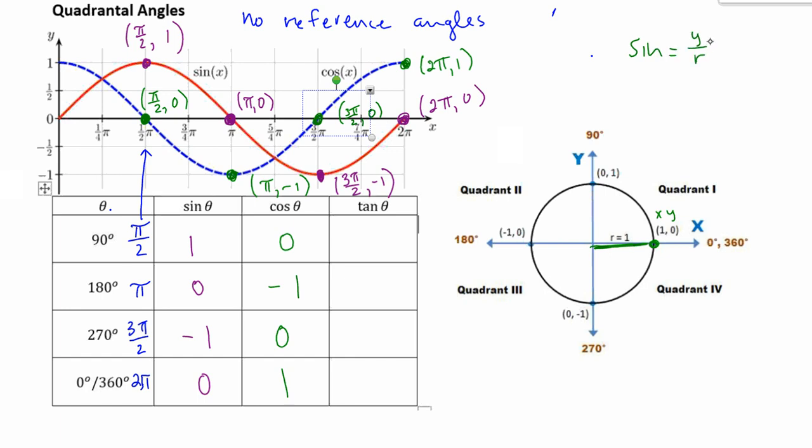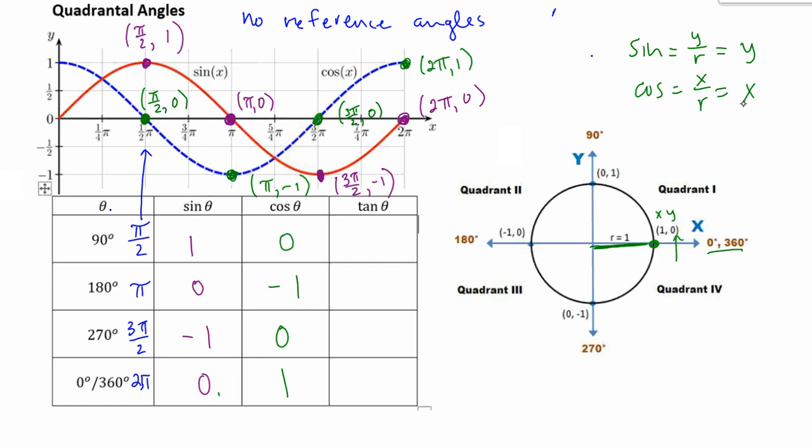We reviewed this at the beginning, but we'll talk about it real quick again. I have scaled this circle down to where r will always be 1. So it's just going to be the y value. So sine of 0 or 360 looks like it is 0. Bam. The cosine is x over r. R is just 1 though, so it would be the x value.